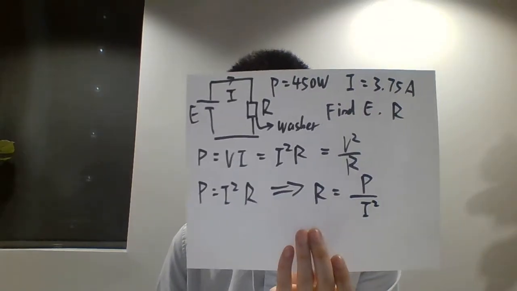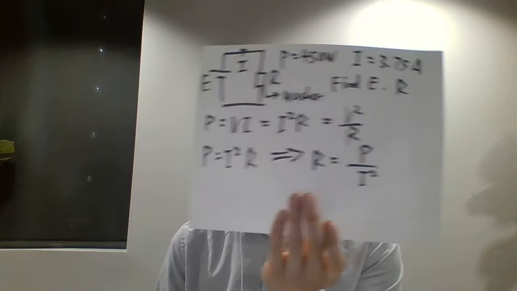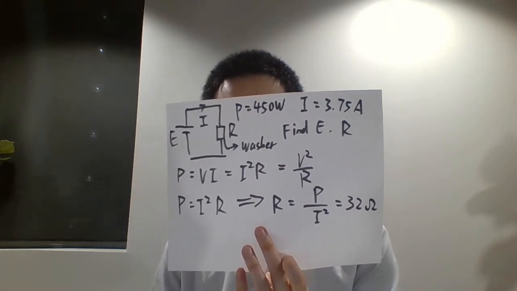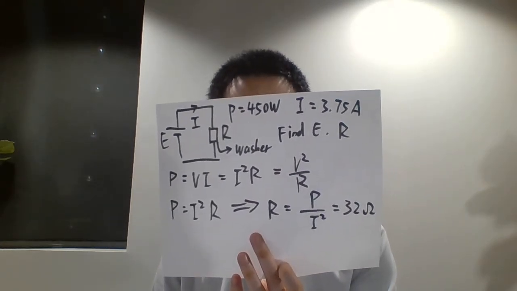That gives us R equals P over I squared. If you plug in the numbers, the resistance is 32 ohms.